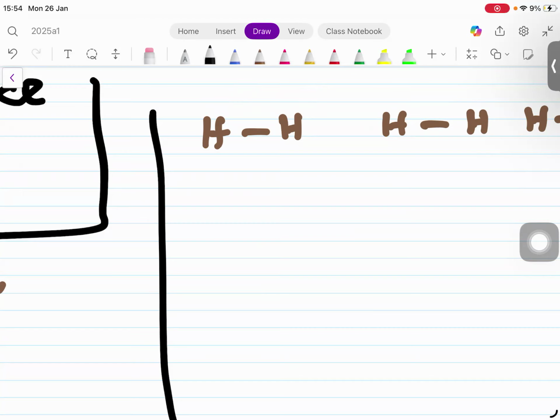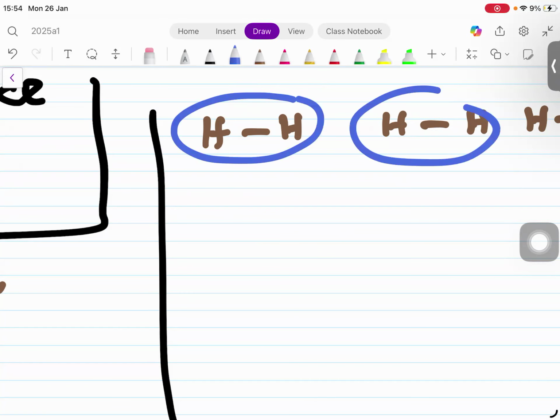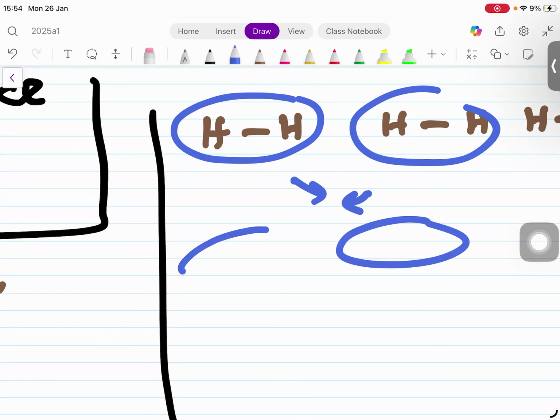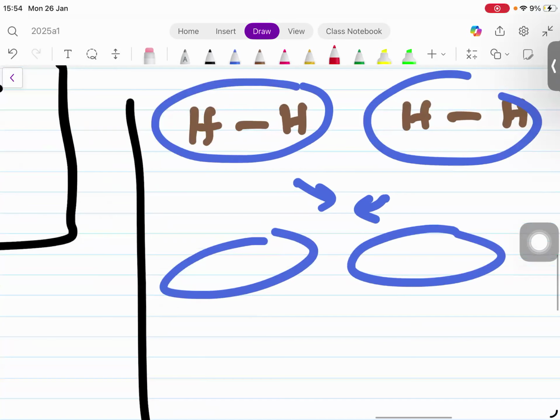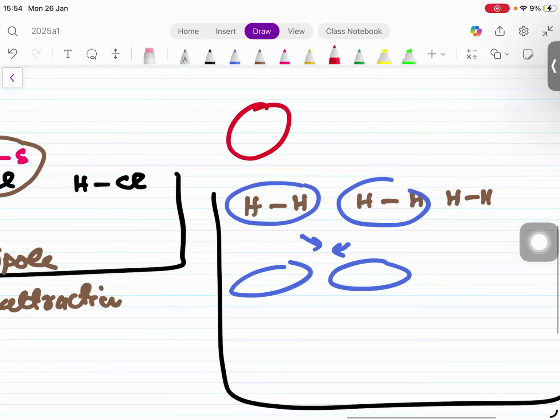Yes, we say although it is non-polar at this moment, when these two molecules of H2 get close, then just like HCl, their electrons repel each other. Hydrogen is like this: the electrons are outside and the nucleus is inside.